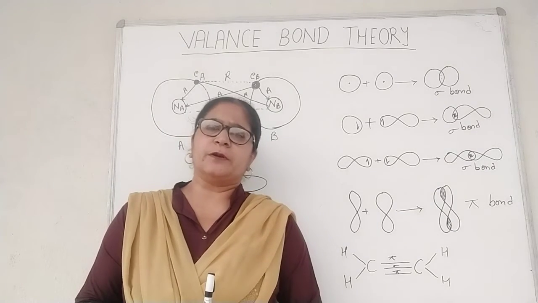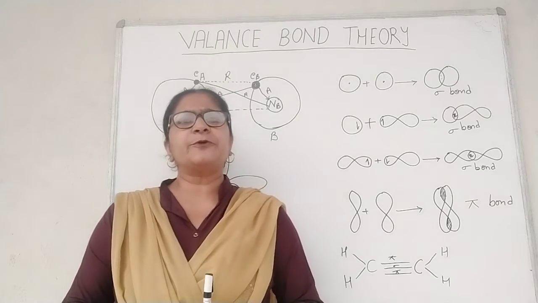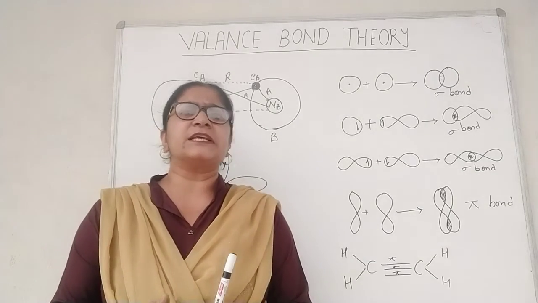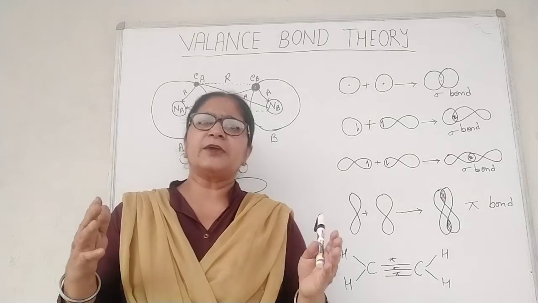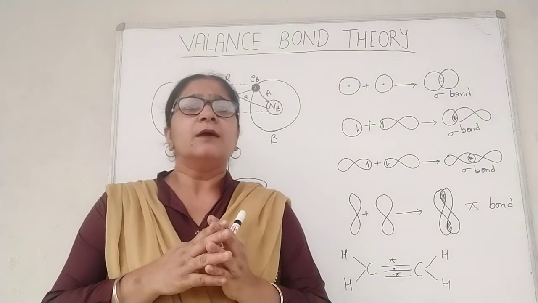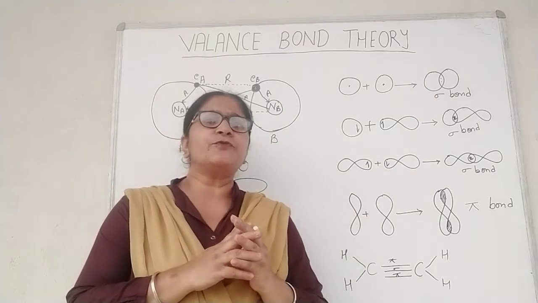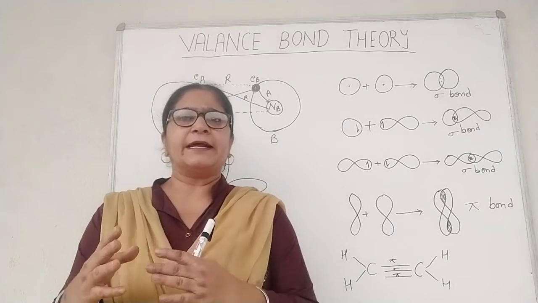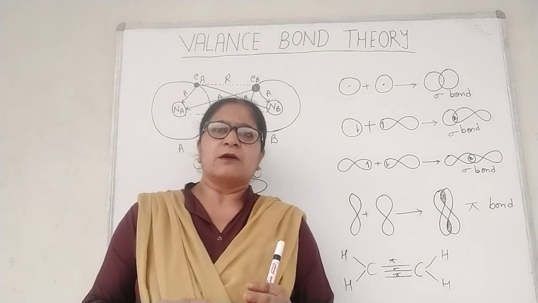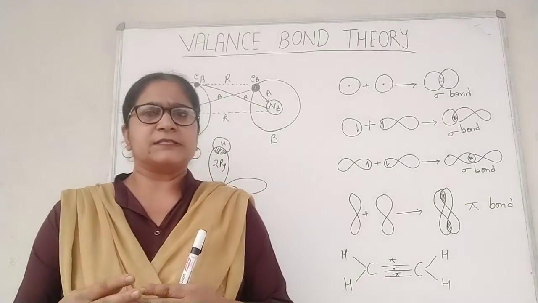If we try to bring these atoms still closer, then the repulsive force starts overpowering the attractive force. Consequently, the energy of the system increases, causing instability of the system.